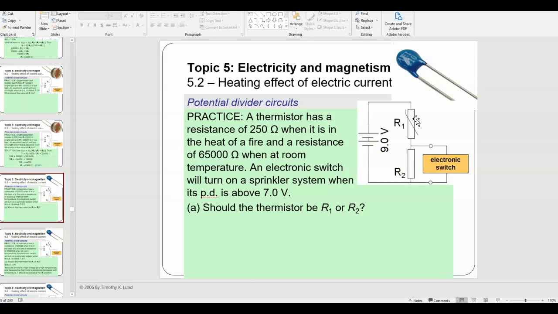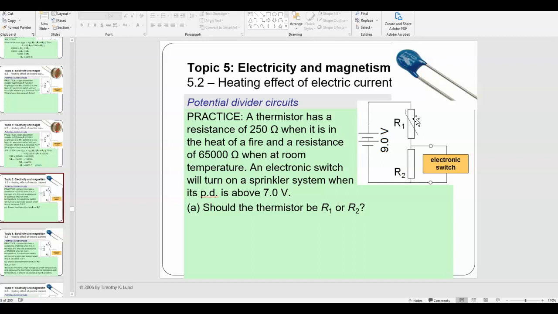All right, so the first question says, should the thermistor be R1 or R2? There are a couple of concept things going on here. Number one, when there is a fire, we want the voltage to go up across R2. How do I know we want the voltage to go up across R2?